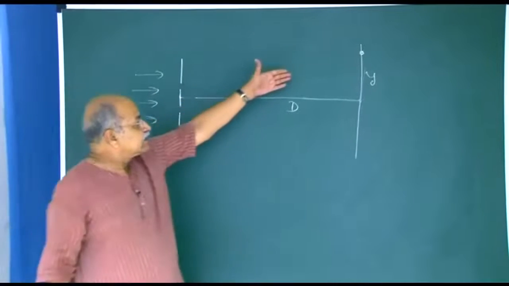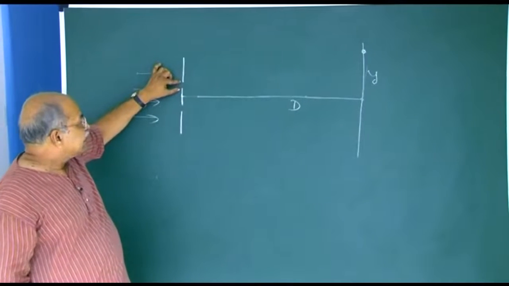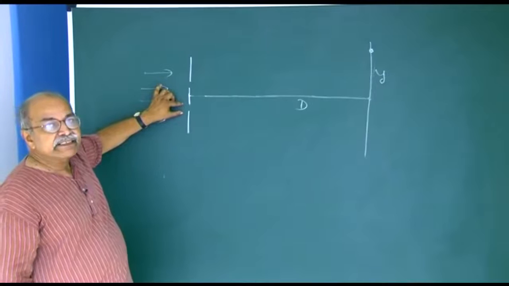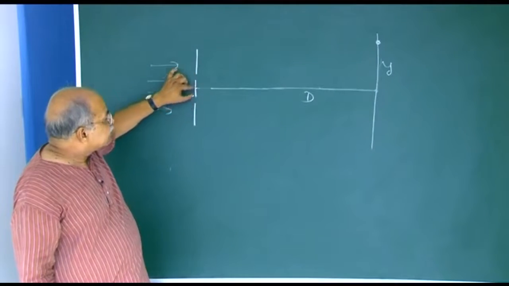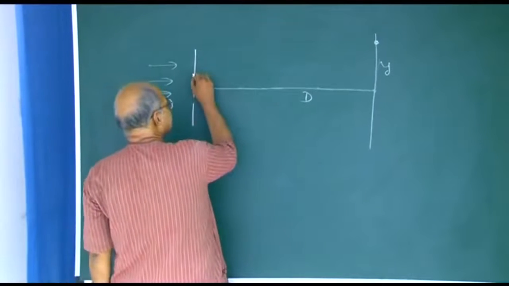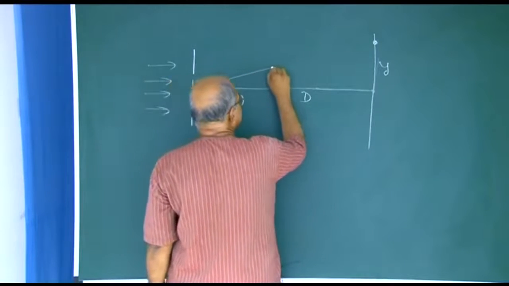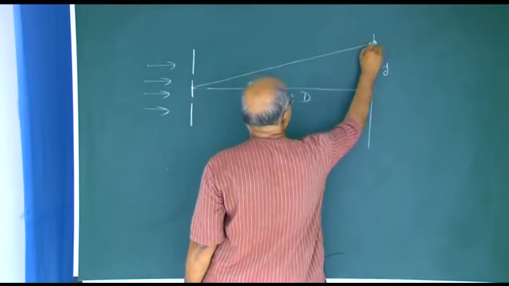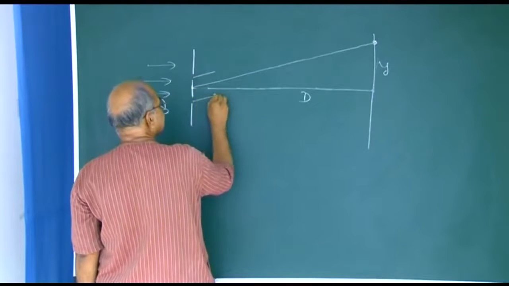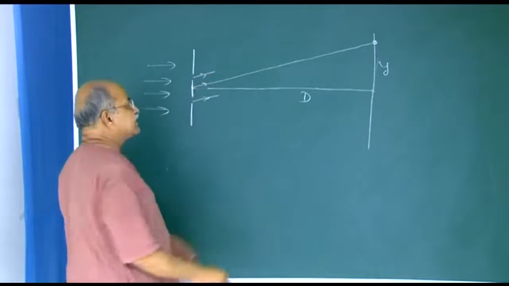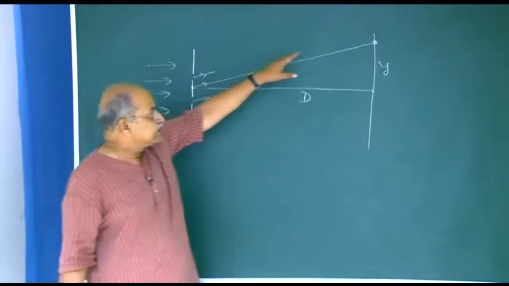Light reaches this point from the first slit and also from the second slit. How much intensity comes from the first slit and second slit? That depends on this width of the slit and then the angles. So from here light is going, from here light is going and reaching there. So from this slit, how much light is reaching here?